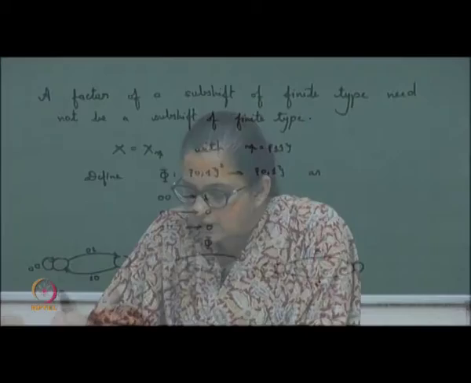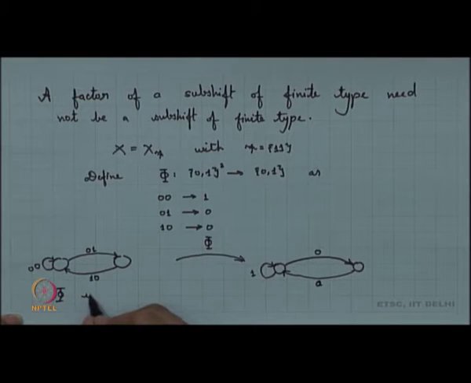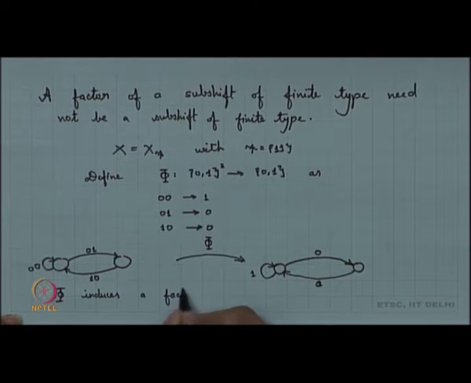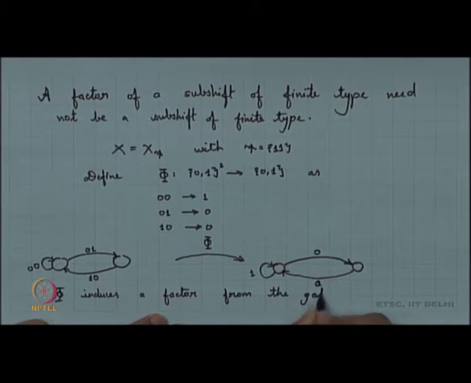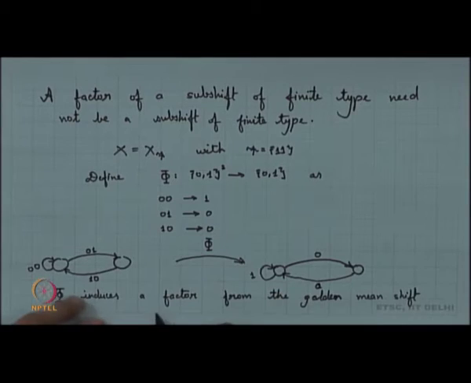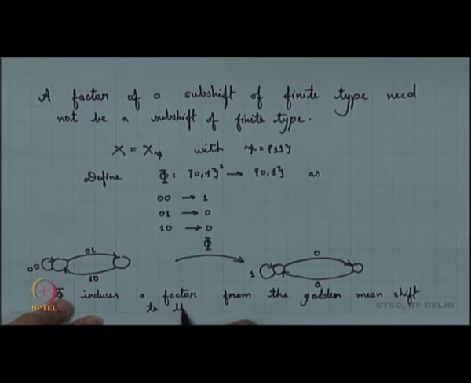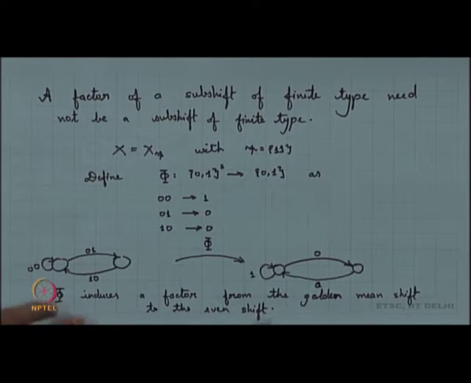This phi induces a factor from the golden mean shift to the even shift. So, the even shift can be realized as a factor of the golden mean shift.